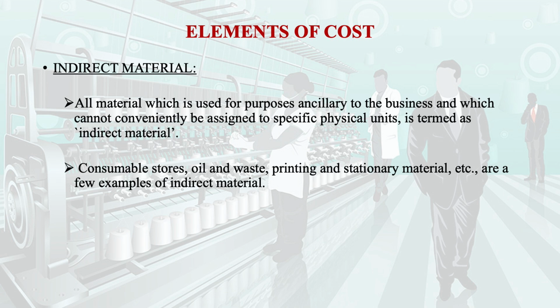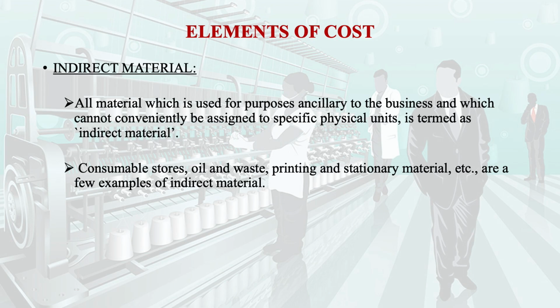Now, the second category of material is called indirect material. All the materials which support or are used as ancillary material are called indirect material. For example, consumables, some types of lubricant material, oil, electricity, different types of coolants, printing and stationery material.